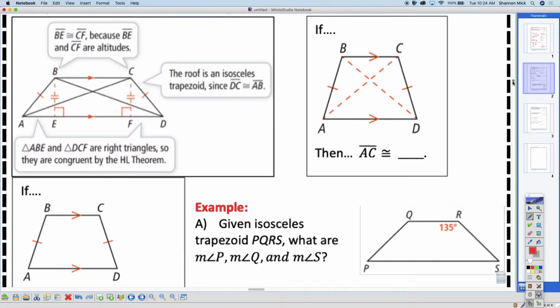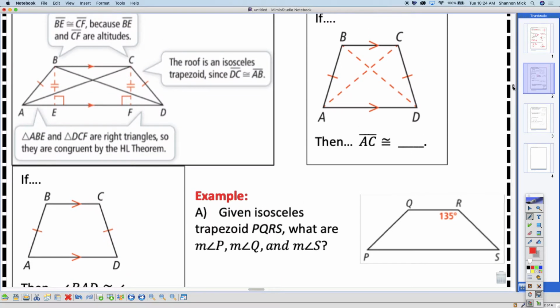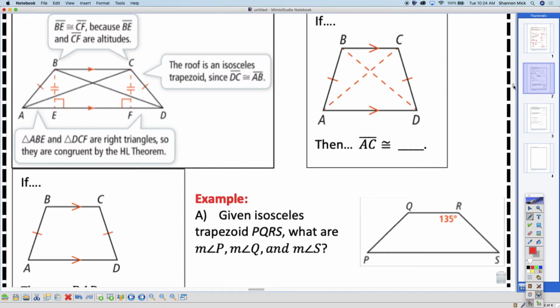Okay, this is a trapezoid. You guys know what a trapezoid looks like, right? So these are some things about trapezoids that we know. That BE is congruent to CF. Those are called the altitudes or the height of the triangles on the ends.